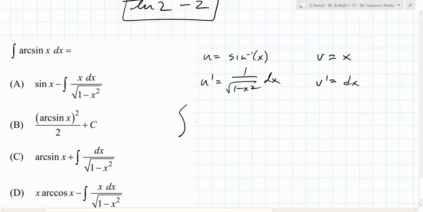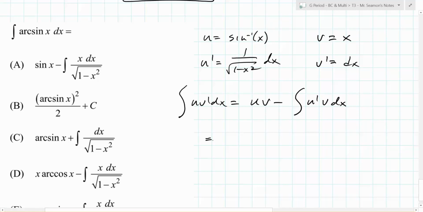What's the formula? The integral of u v prime dx is equal to what? u v minus the integral of v u prime dx, right? So if we do that out, we end up with x sine inverse of x minus the integral of 1 over the square root of 1 minus x squared dx times x. So what does that match?